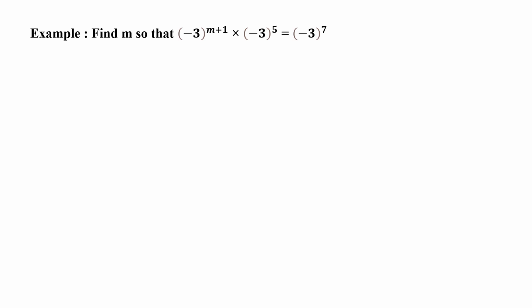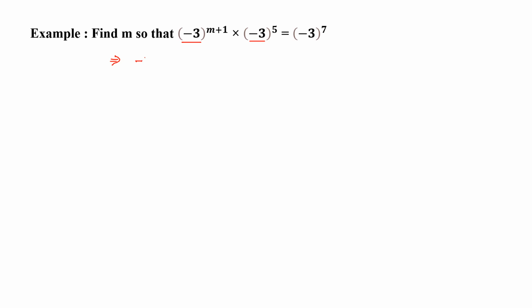Now this question I have taken from the example sums. Okay, so the question is find m so that -3 whole m plus 1 multiplied by -3 whole 5 is equal to -3 whole 7. So in such a question, what we have to do, we have to see the left hand side. So in the left hand side, you can see the base is same and it is multiplied. So you have to use the product law.